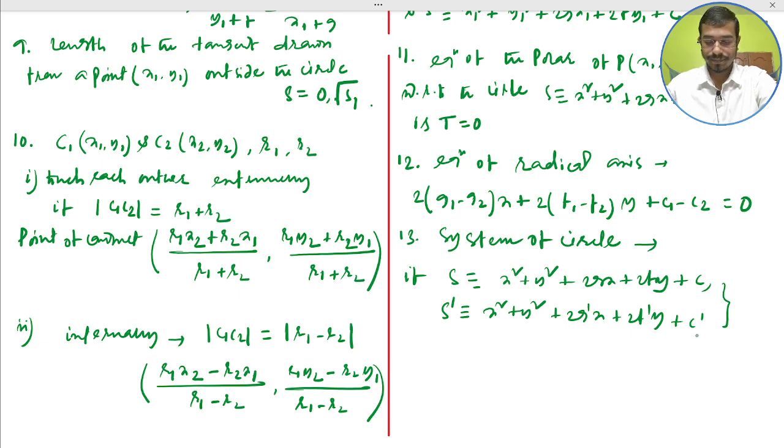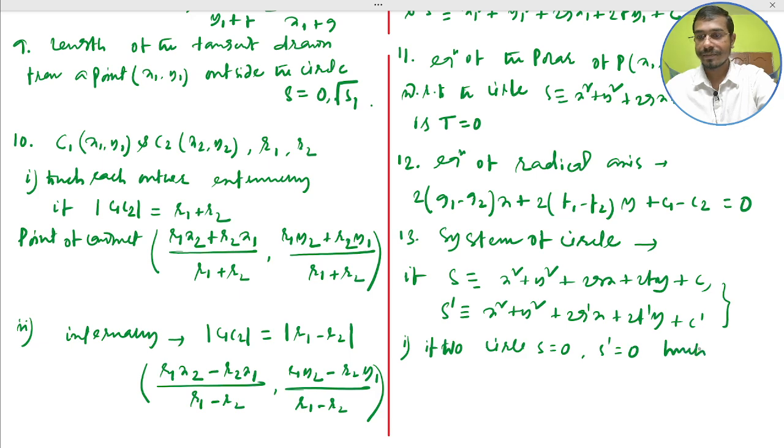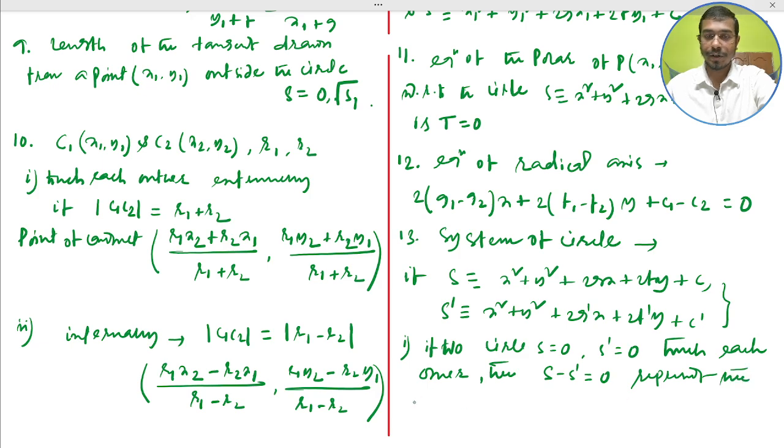Number 1 condition, if two circles S is 0 and S dash is 0 touch each other, then S minus S dash equal to 0 represents the common tangent. Very important concept.